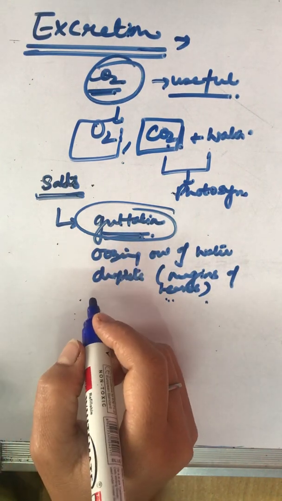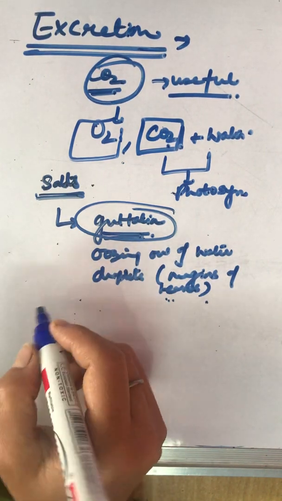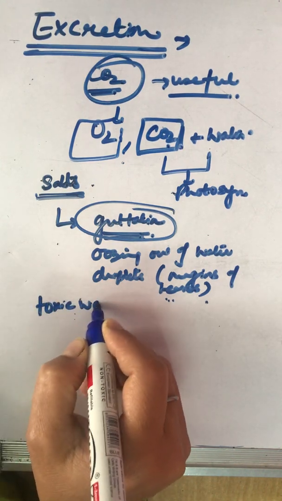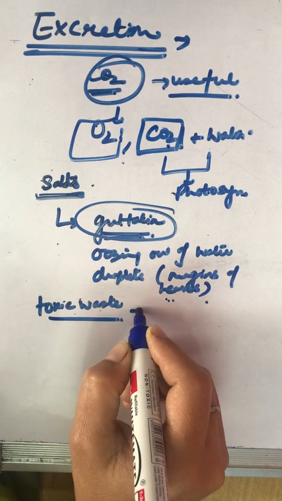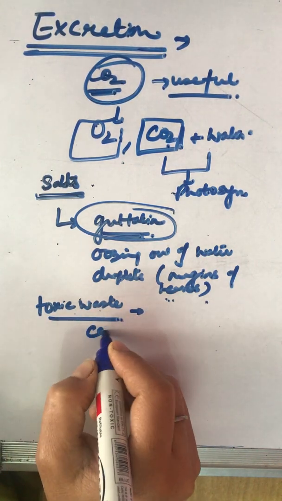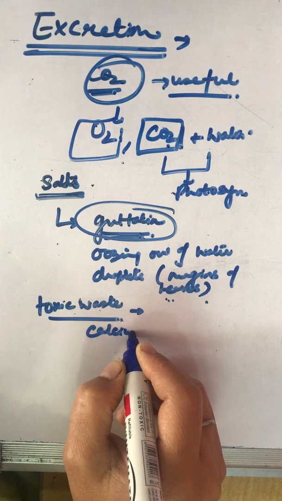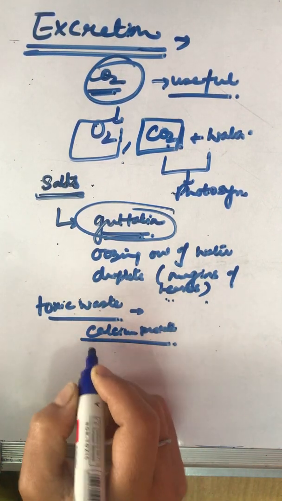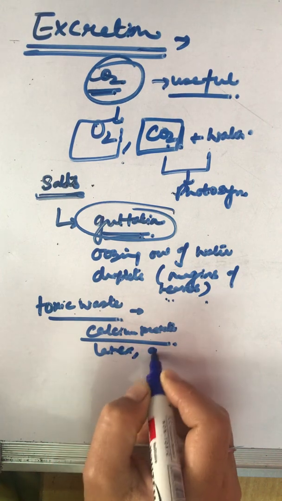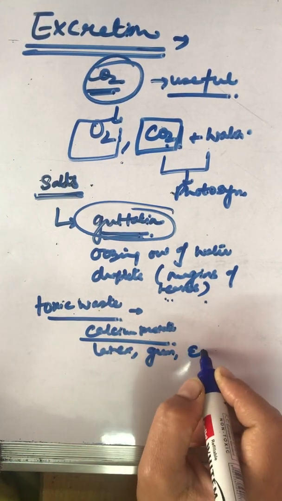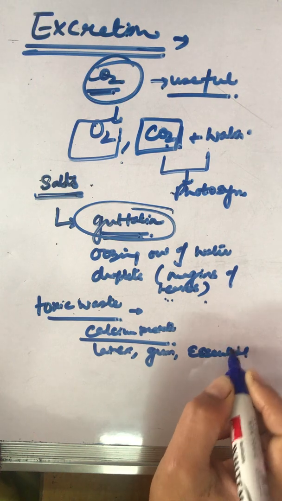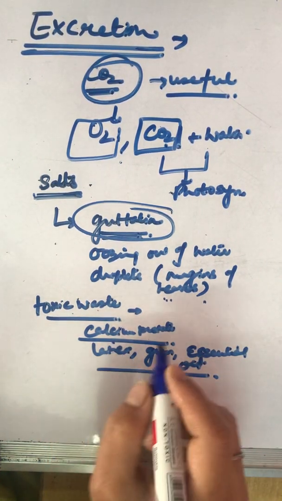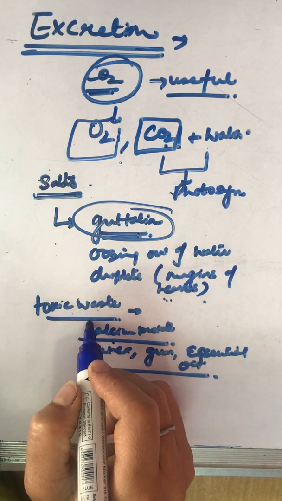Then we say the toxic waste which is stored in the dead permanent tissues and hardwood. That toxic waste is basically calcium pectate, latex, gum, essential oils, which are toxic waste products for plants. These are their excretory products.